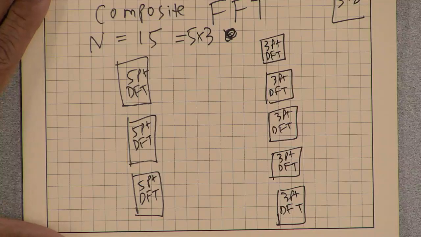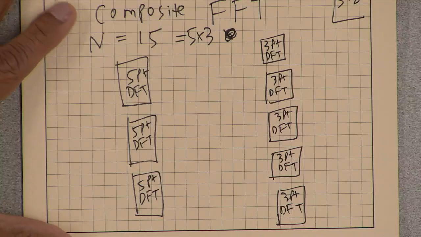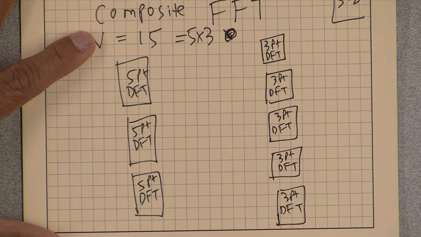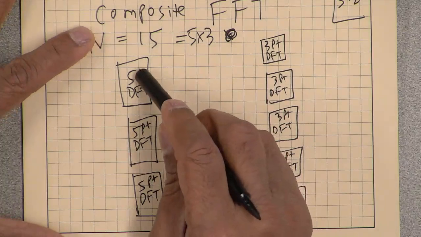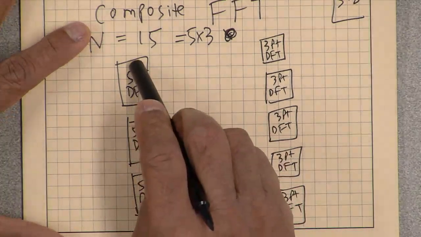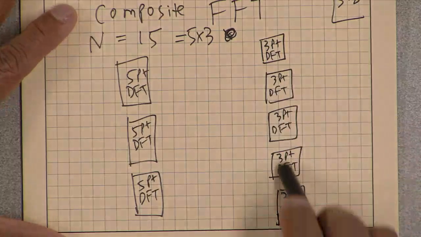Okay, so a composite FFT of length P times Q will have Q P-point DFTs on the left and P Q-point DFTs on the right.